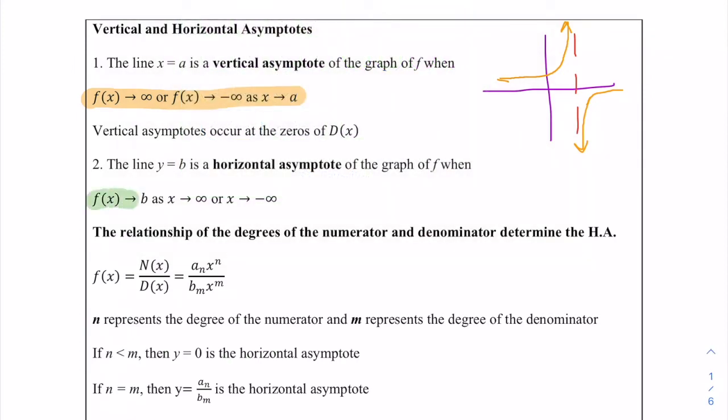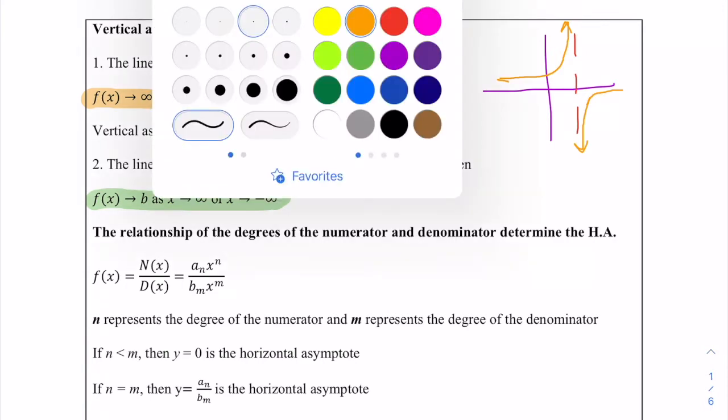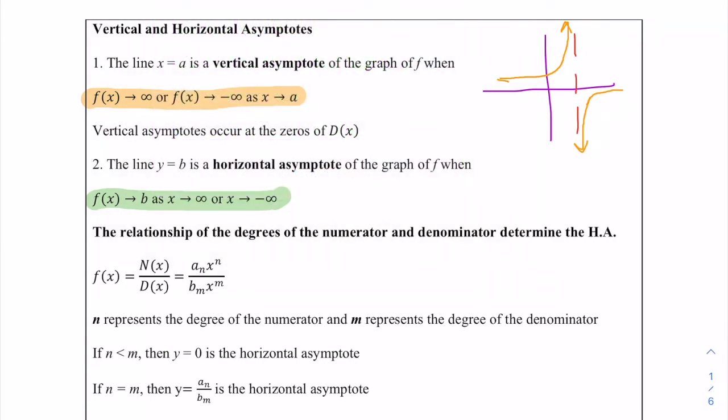So a horizontal asymptote, it means that when x approaches positive or negative infinity, then the value will be closer to b. So I'm going to use the same picture, but now I'm going to sketch a horizontal asymptote.